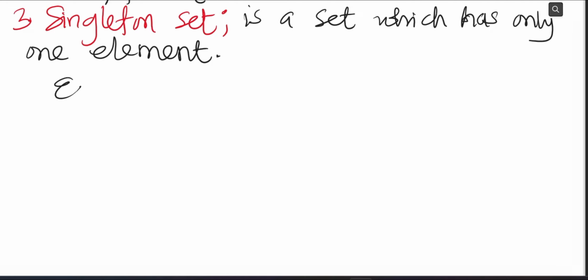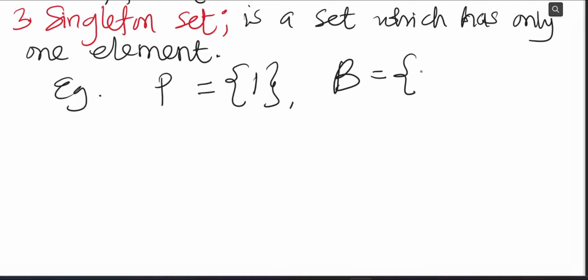So if I take, for example, a set P to be equal to 1, this is a singleton set. Another one, a set B to be equal to 0 is a singleton set. Note, do not say that because B contains only 0, it is an empty set. No. 0 is a number, and so B contains 0 as its only element.